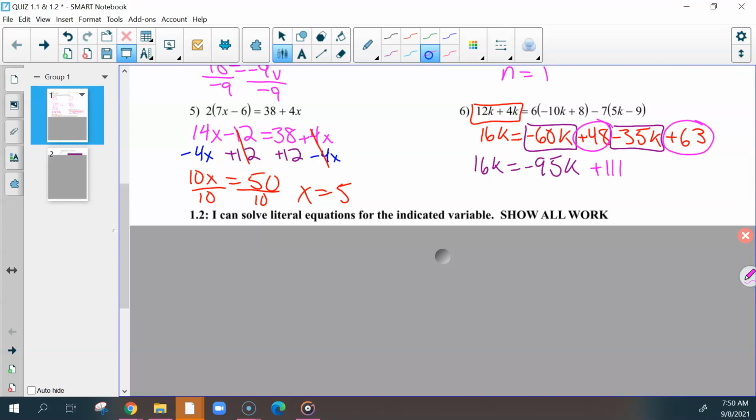We have K's on both sides, so we can move that 95K over by adding it. And that ended up being 111K as well, or 111 as well.